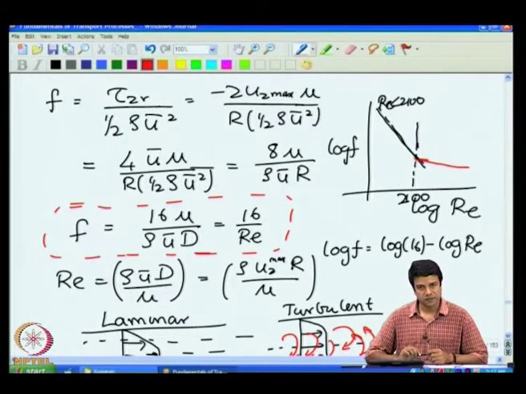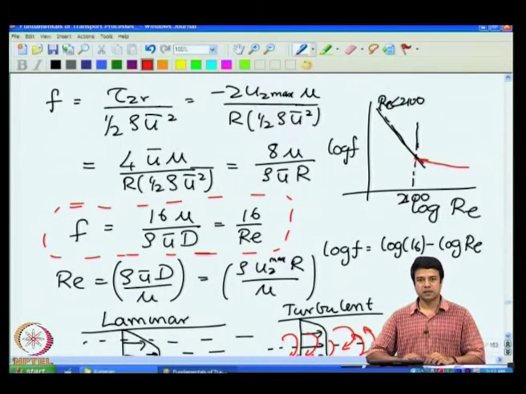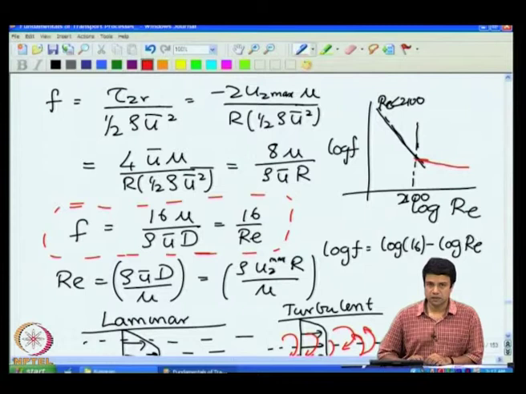The laminar flow is valid only until a Reynolds number of about 2100. Beyond that point, there is a transition from a laminar to a turbulent velocity profile. And once the velocity profile becomes turbulent, this analysis no longer holds, because momentum diffusion is not due to the molecular mechanism alone. It also takes place because of eddy diffusion.